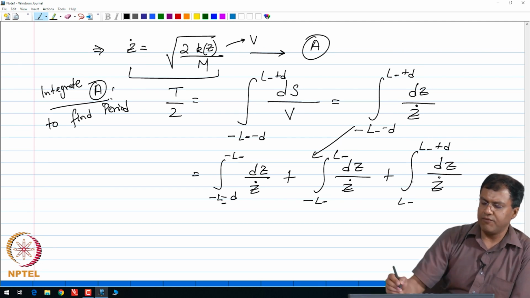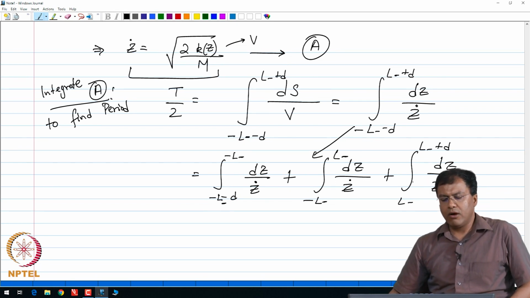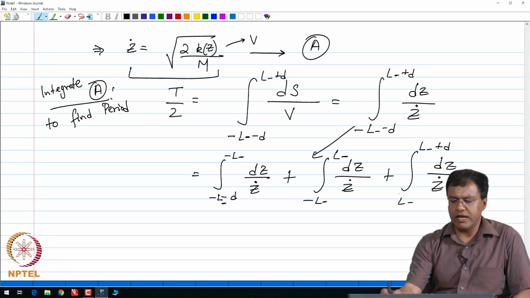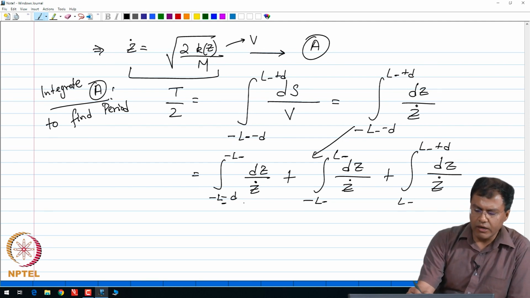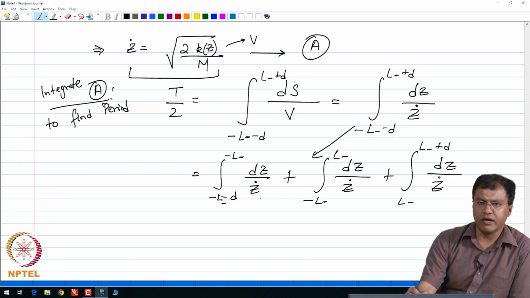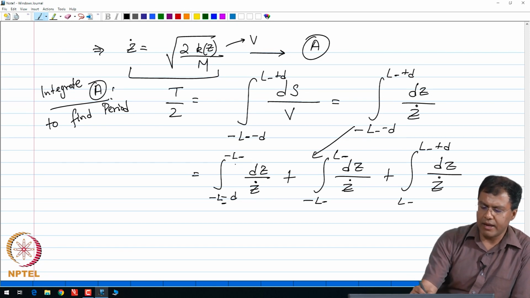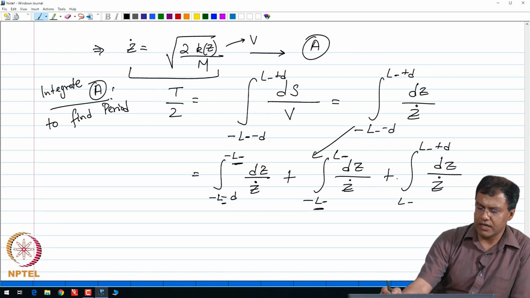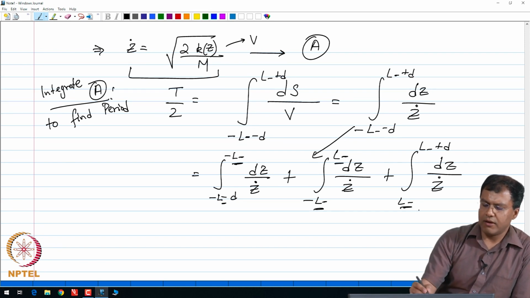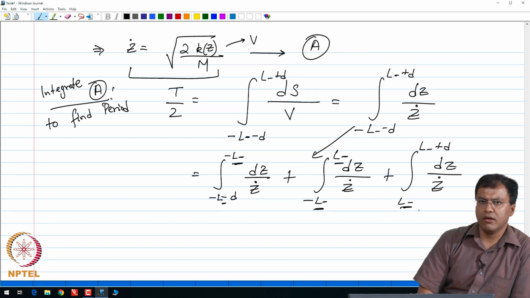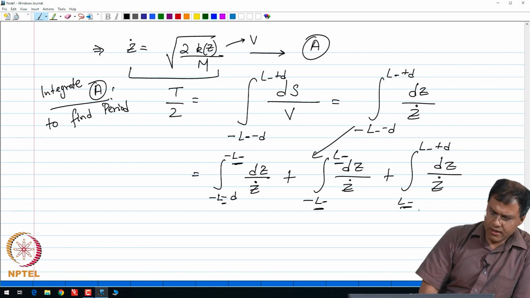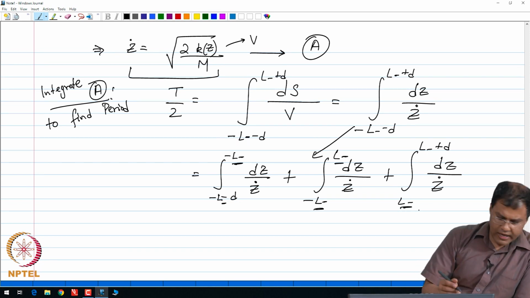So, these are the 3 different integrals that are being broken because of the use of the Heaviside function. Within these 3 integrals I have a continuous description of z dot. These are my break points, which are underlined, where my z dot loses its continuity.